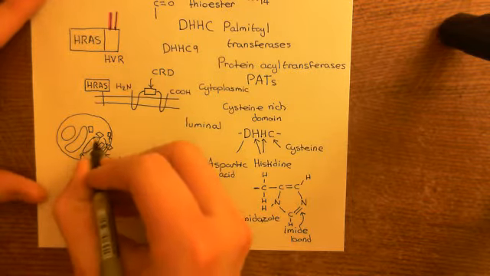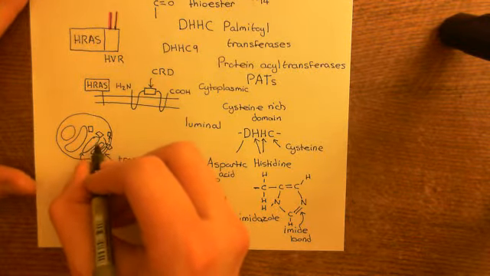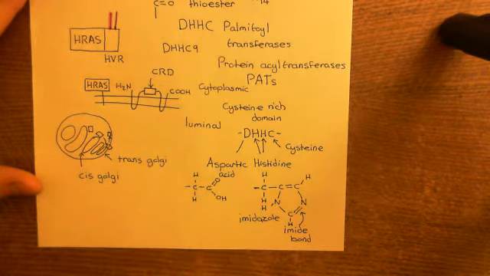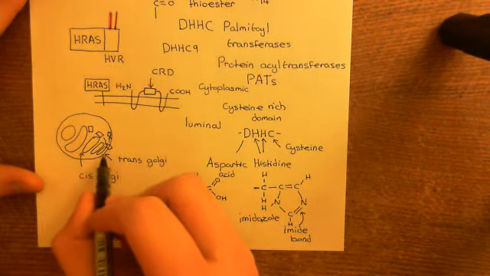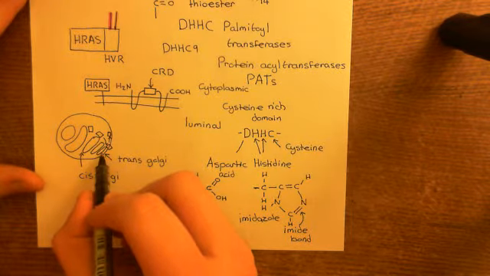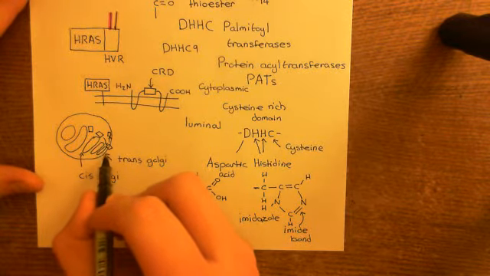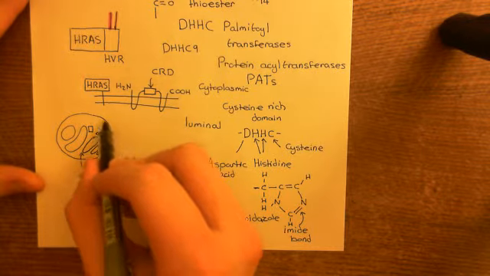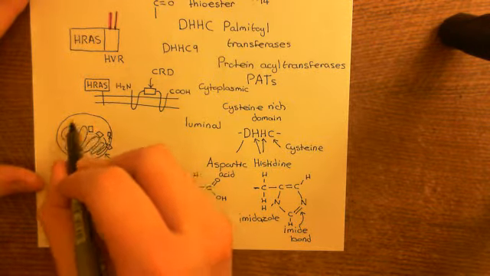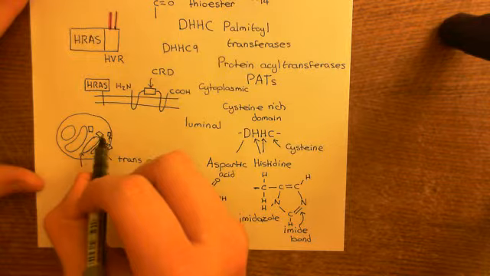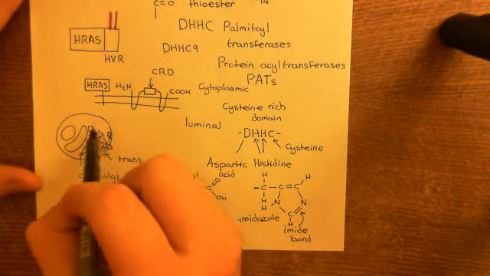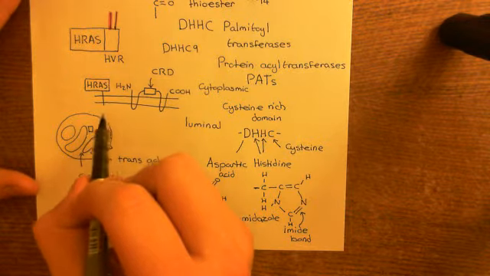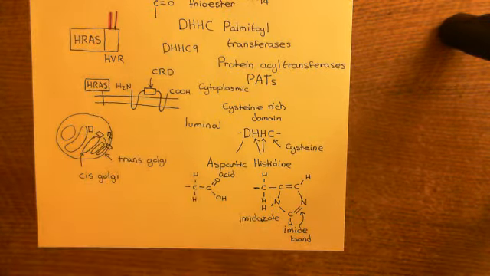So the HRas protein will move along the cisternae of the Golgi apparatus from the cis Golgi eventually to the trans Golgi. Then it will transfer out of the trans Golgi into the plasma membrane, and it will be on the cytoplasmic side of the plasma membrane. The palmitic acid group and also the farnesyl group will be anchored into the plasma membrane, and that will hold the HRas protein at the plasma membrane.